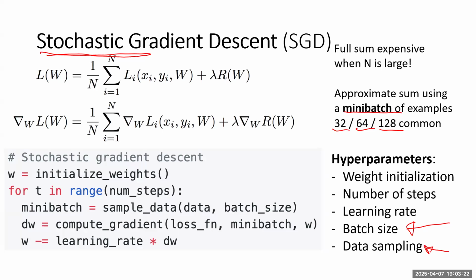Okay, will you sample with replacement or sample without replacement? So the sampling technique becomes one extra problem for you. So this technique is faster than the original gradient descent, but adds extra responsibility over you as the developer or the engineer.